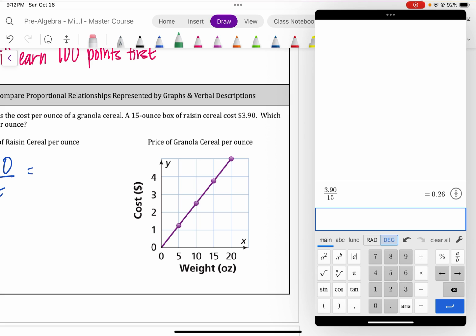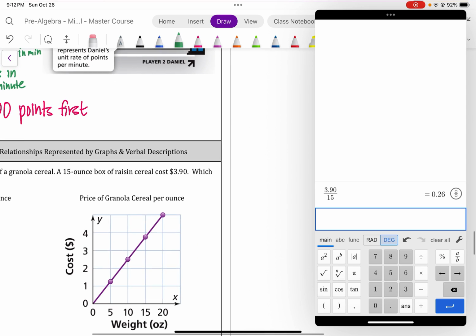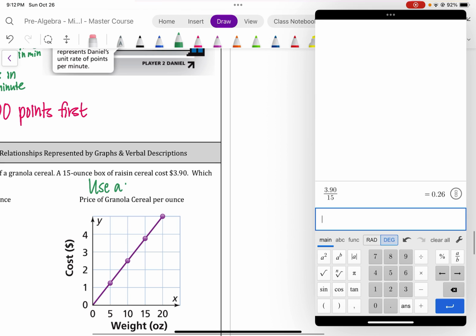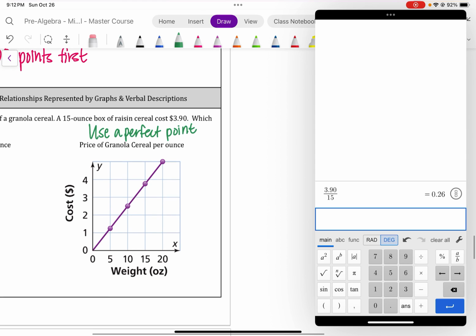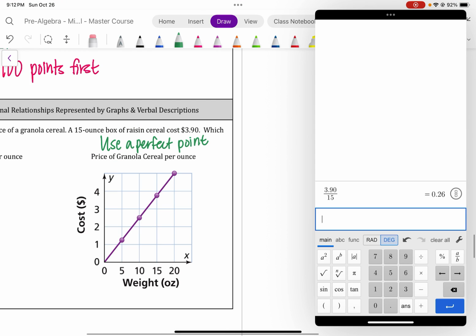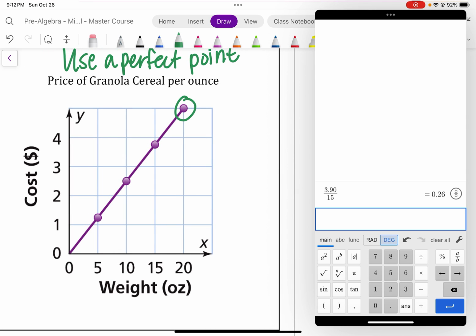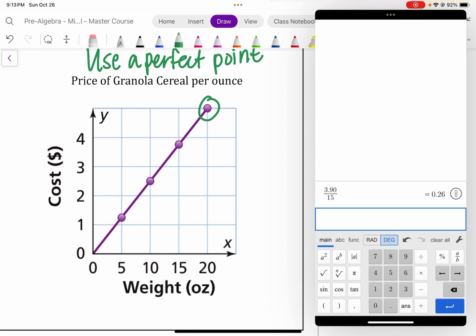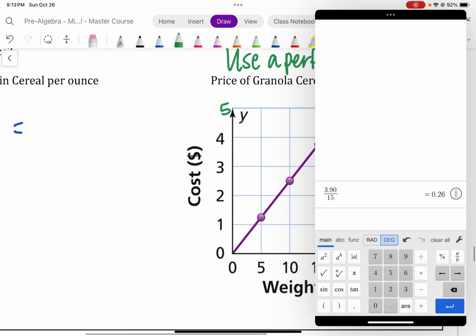And on this, the granola cereal, I want to use a perfect point. Okay, we don't want you guessing where these values are. So we want to use that, let's see, this is the only one here that's a perfect point, and that's 20 ounces, and it's $5. So we want the cost per ounce.